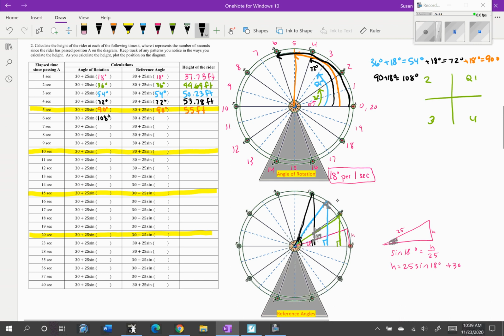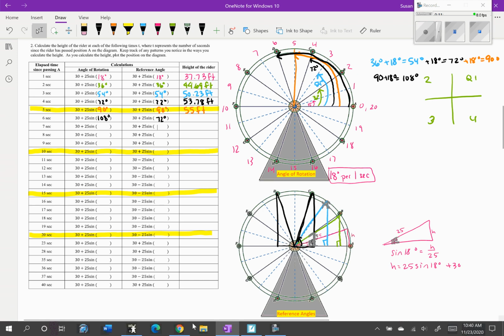So we're going to use the fact that we have reference angles and the same triangles. So this triangle here is going to give us the same distance as this one here that we had, because notice it's using that same triangle, which we said was 72 degrees. So the reference angle that we're using is 72 degrees. So let's go ahead, and we already know 72 degrees. When we plug it in, we should get 53.78.